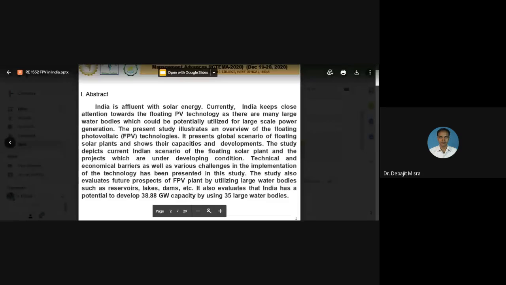The study also evaluates the future prospect of floating PV plants utilizing large water bodies, reservoirs, lakes, etc., because India has many water bodies, lakes and dams. It also evaluates India's potential to develop 38.88 gigawatt capacity using only 35 large water bodies. So it is a case study.